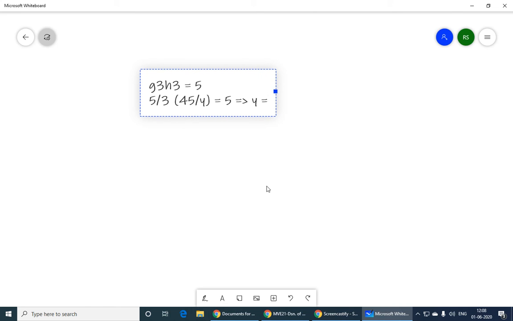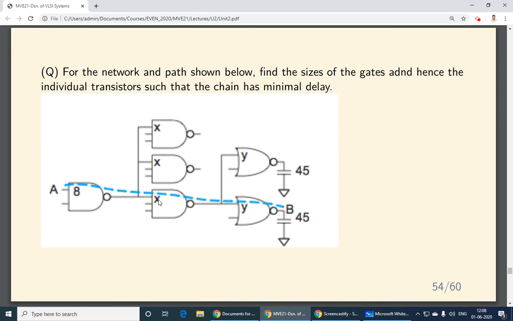Therefore y equal to, we solve for y, 15. Okay, now the next stage, we'll go one stage backwards, we are at the second stage now.